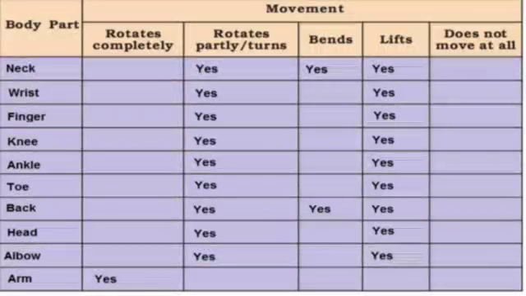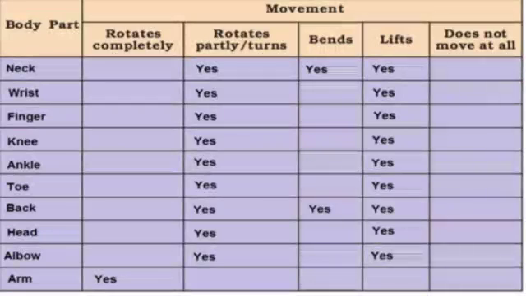Now wrist, you cannot rotate your wrist completely, but partly you can rotate. You cannot bend it, but you can lift it. Fingers also you cannot rotate completely, but partly you can rotate and you can lift also. Knee also you cannot rotate completely.